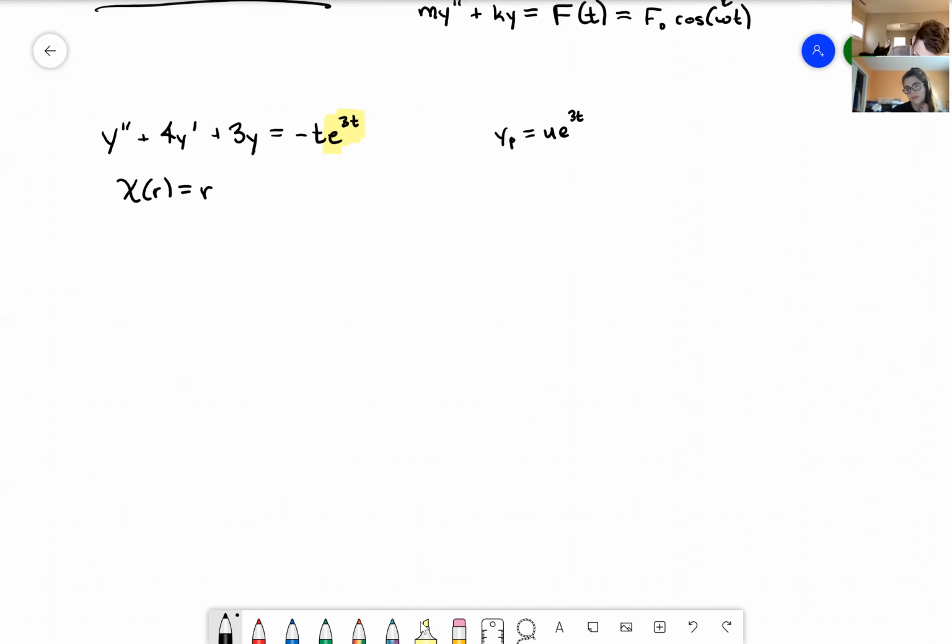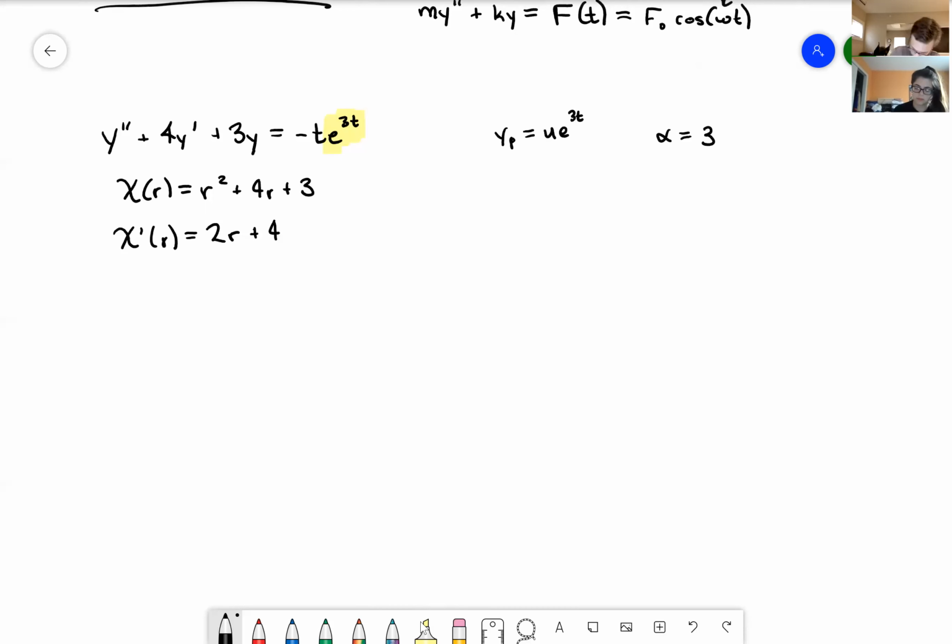The characteristic polynomial is r squared plus 4r plus 3. We're just looking for the particular solution. Its derivative is 2r plus 4. For reference, I'll write out that alpha is equal to 3.